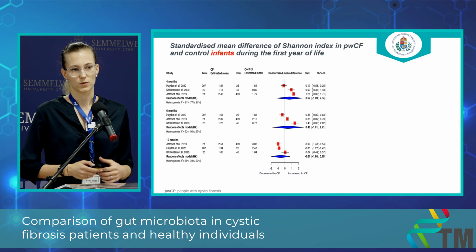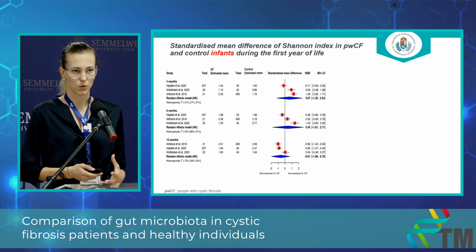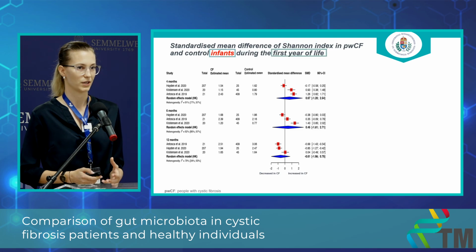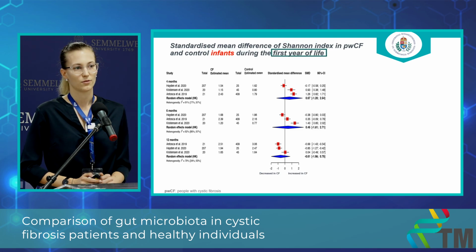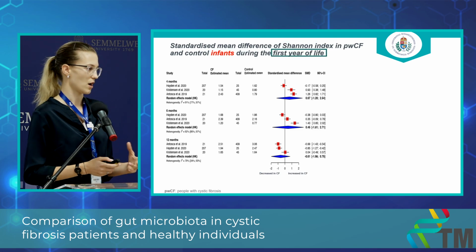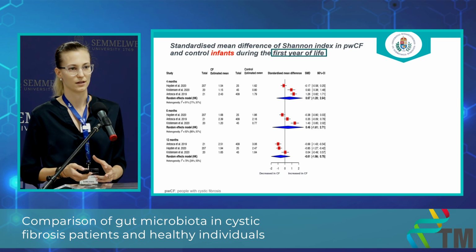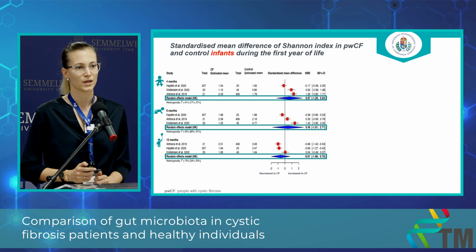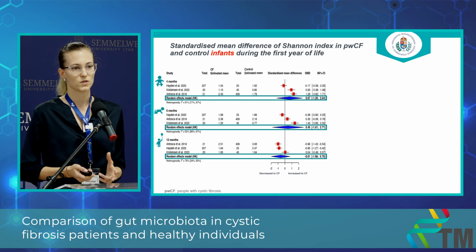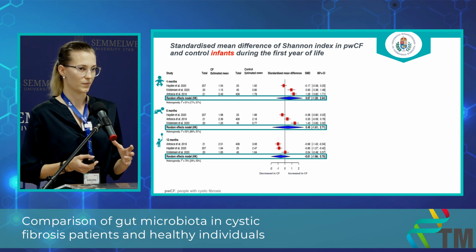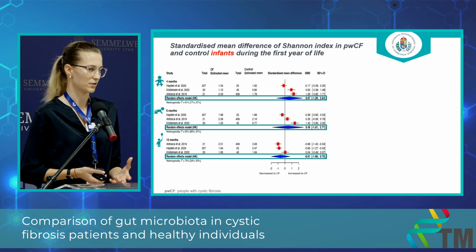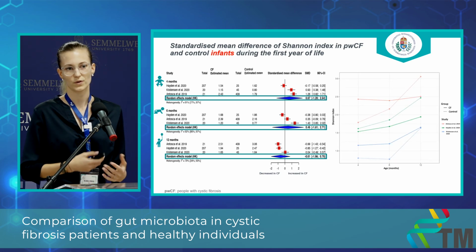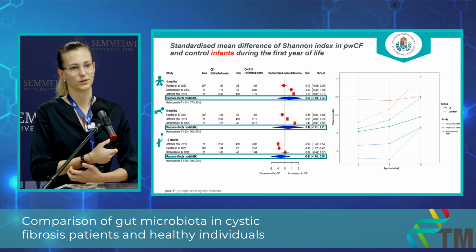This first plot shows our analysis for the follow-up of Shannon index in the infant population during the first year of life. We have compared the gut microbiota of CF infants and controls at 4, 6, and 12 months of age. And looking at the diamonds, we can say that there is a decreasing trend of alpha diversity in CF patients compared to controls, which we have also displayed on this figure.